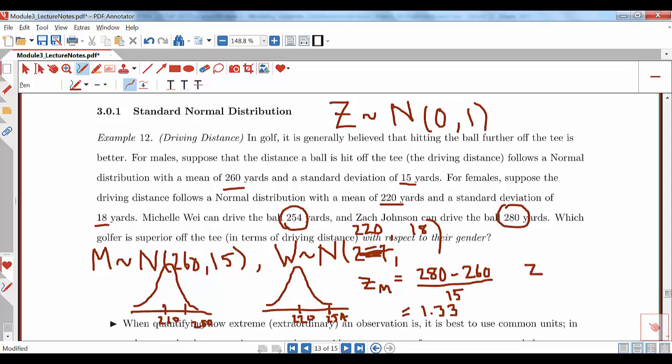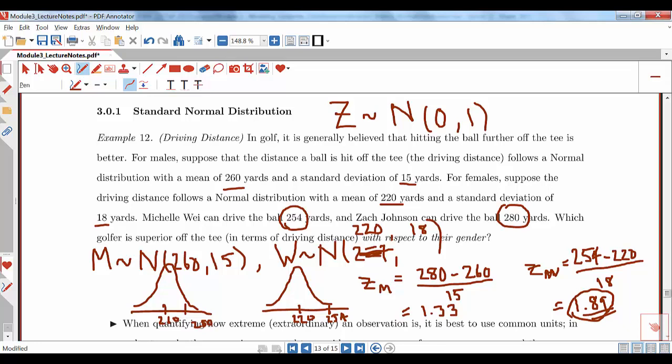For the woman, I do the same thing: I take her distance, 254, subtract off the mean for women, divide by the standard deviation, and this comes out to be 1.89. So she's further out in the tail of her distribution, meaning there are fewer people who have better drives than her, and there are more men to the right of him having better drives. So overall, with respect to gender, she is the better driver.